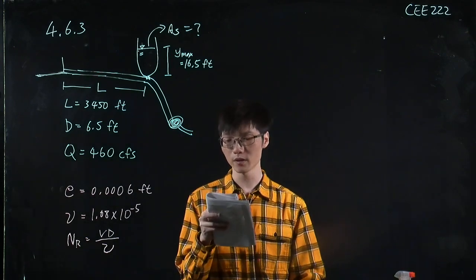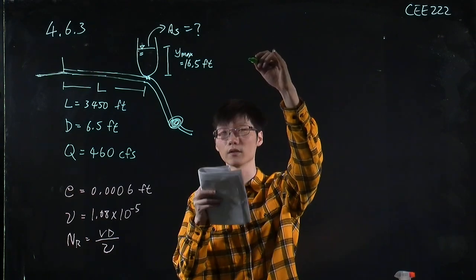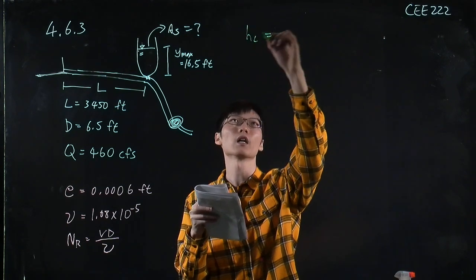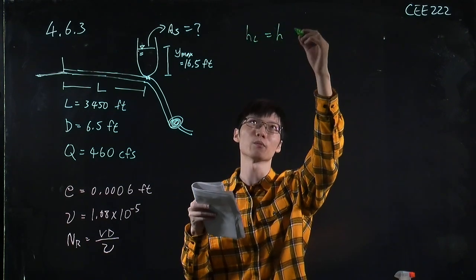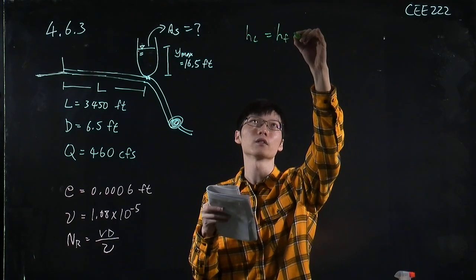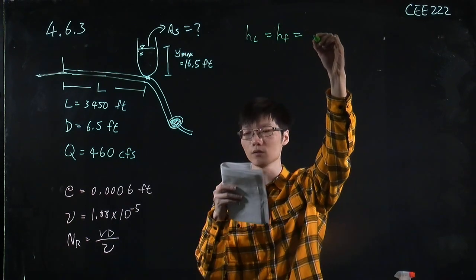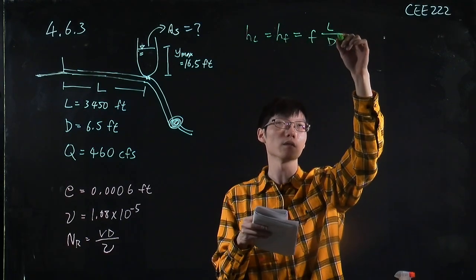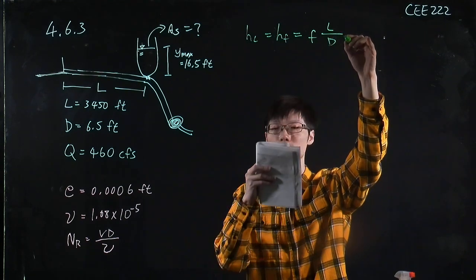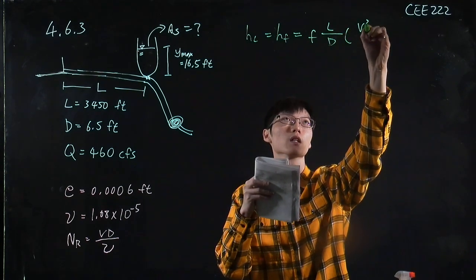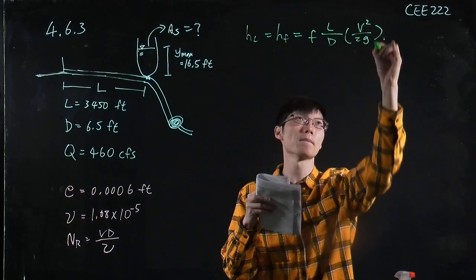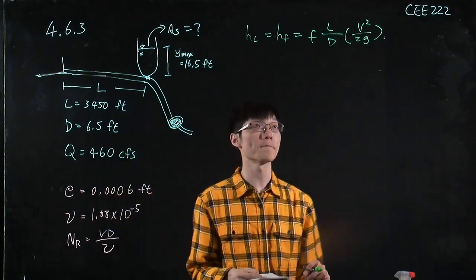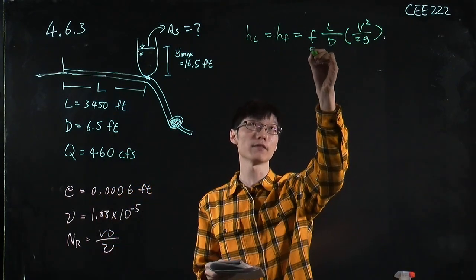If you still remember, the head loss due to friction is equal to this equation: the friction head loss is equal to the factor F times L divided by diameter times the velocity term. And we need to find out this factor F.